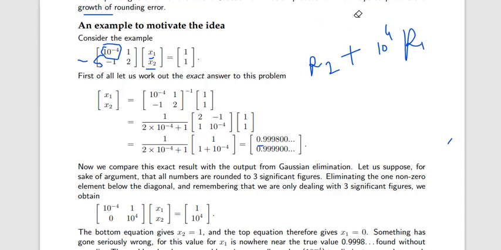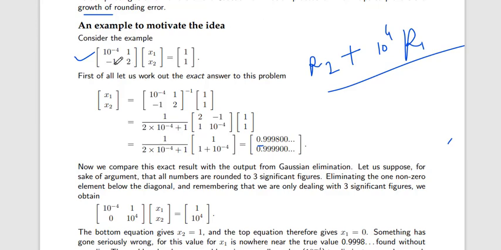Any doubt? This is simple Gaussian elimination; in the last lecture, our previous lecture, we talked about how to solve with the Gaussian elimination method.